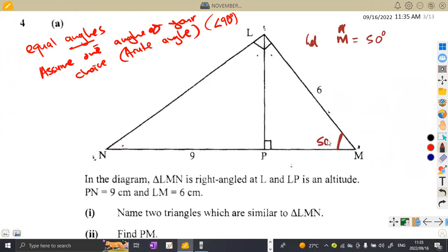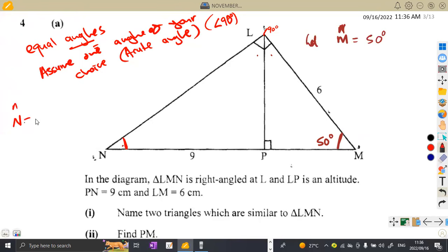So if this is 50 degrees like this, all the angles can be found now. So let us start with N. How are we going to find this angle N? Remember, we are told it's right angled at L. So the angle at L here is 90 degrees. To find the angle N, we are going to use the bigger triangle, this one. We know that angles in a triangle add up to 180 degrees.